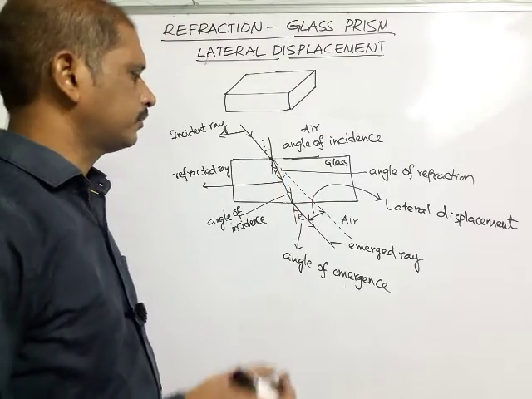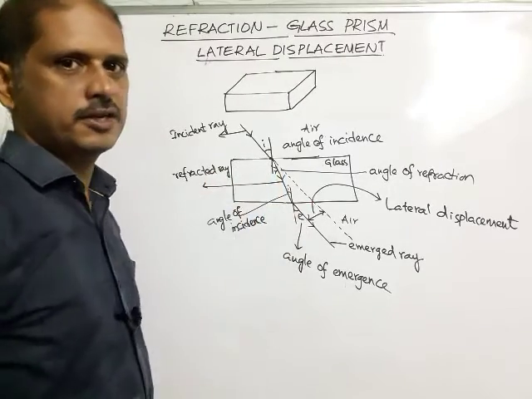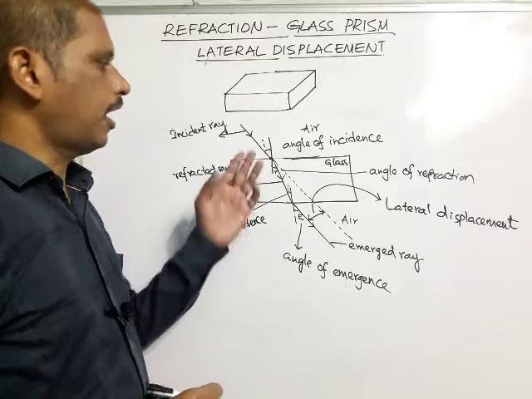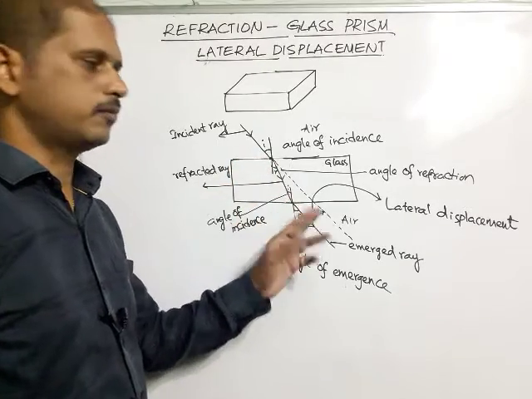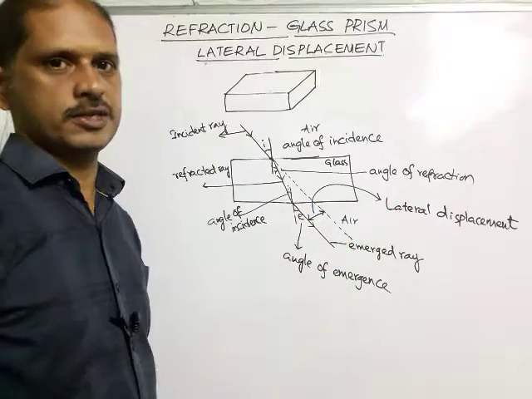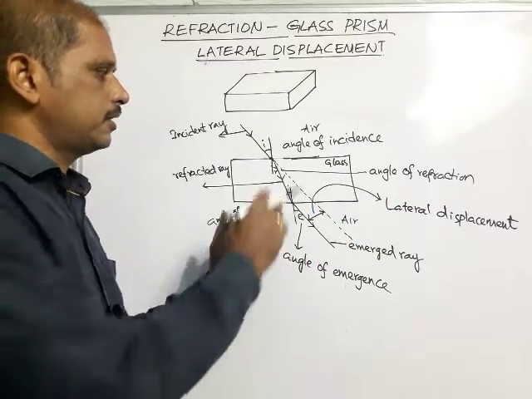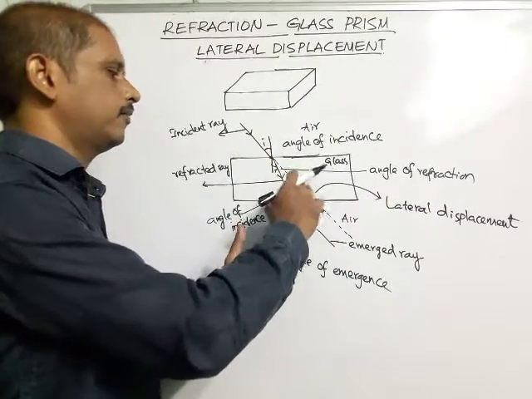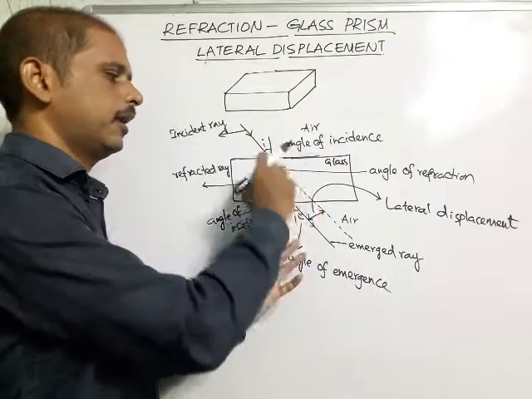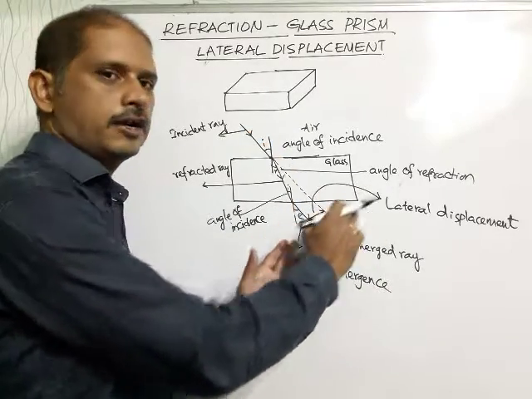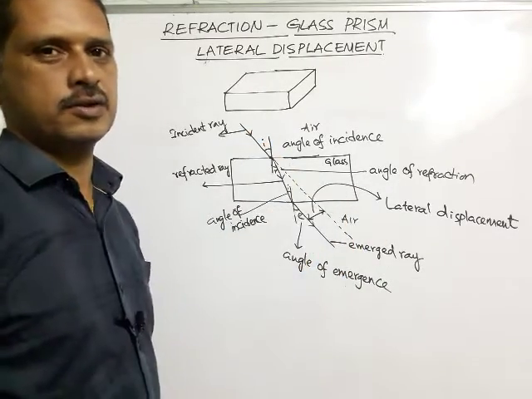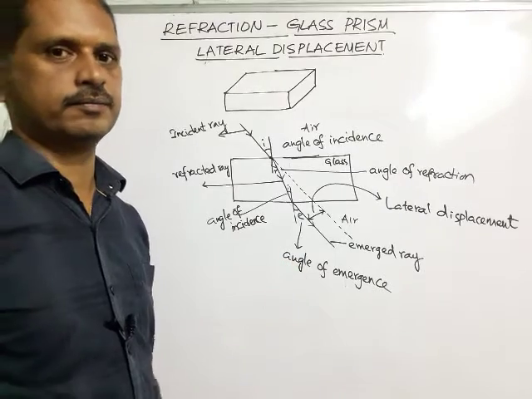Another thing is, if the glass slab thickness increases, the lateral displacement also increases. If the thickness increases, the angle of refraction changes, and if you extend the light ray, the lateral displacement also increases. So based on this, questions will come. Okay.